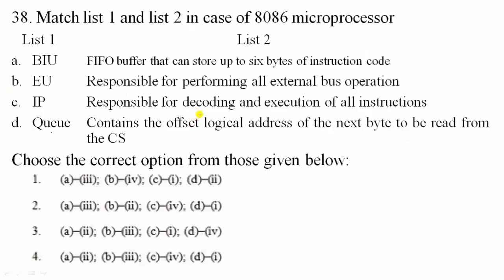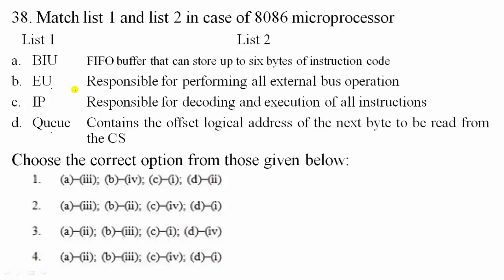38th question is based on the microprocessor. In list 1, they are talking about the bus interface unit, execution unit, instruction pointer and queue. The entire architecture can be split into the bus interface unit and the execution unit. What is the use of the bus interface unit? It is used to generate the address. What is the role of the execution unit? It is used to execute the instructions.